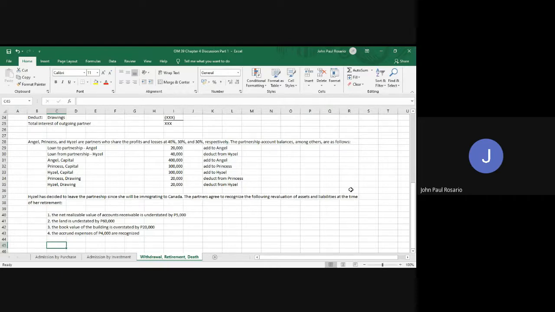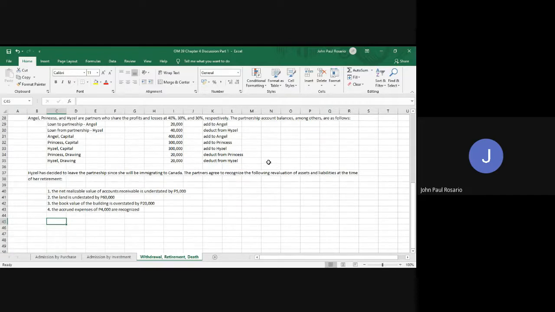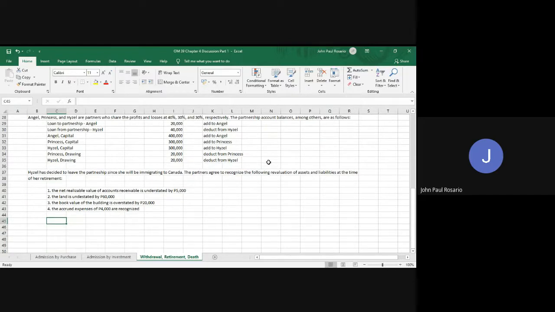So first, we have to adjust the books of the partnership.